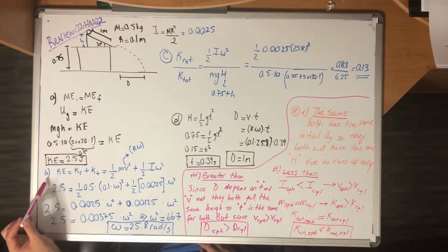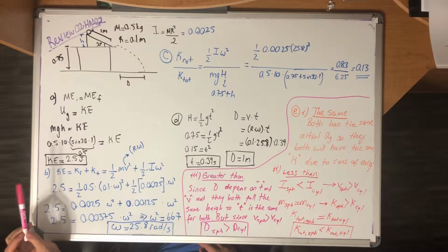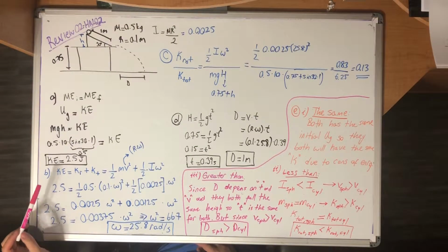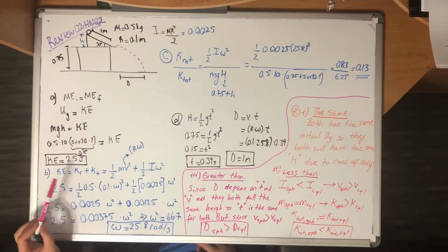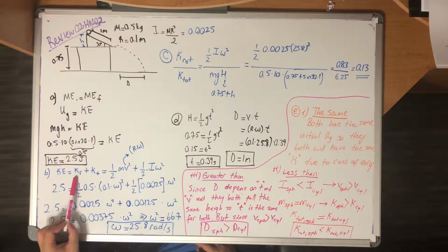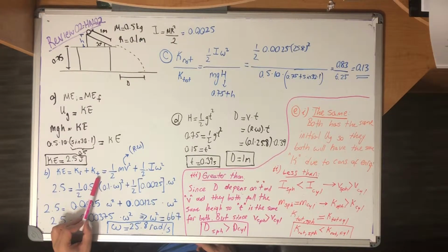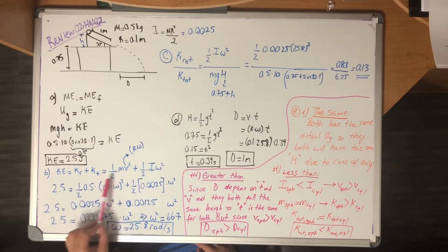And in part B, they are specifically asking for the angular velocity of the cylinder. So now in this case, we need to specify rotational and translational, because we're going to have the omega in the rotational part, and we will use the translational part, but since they're asking for omega, we need to write this translational kinetic energy in terms of rotational quantities. So let's write it down. I basically switched them.